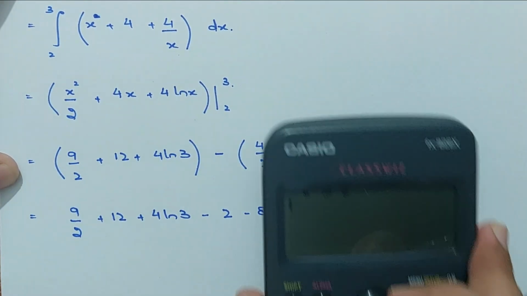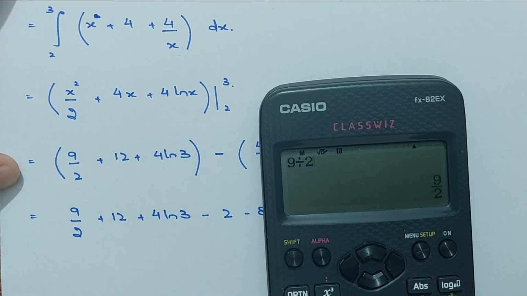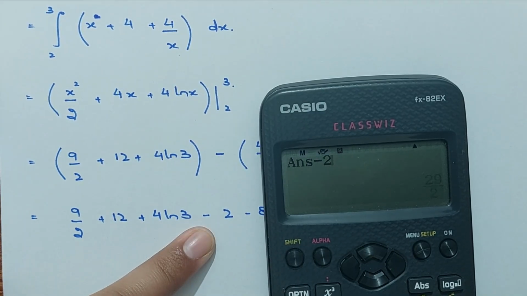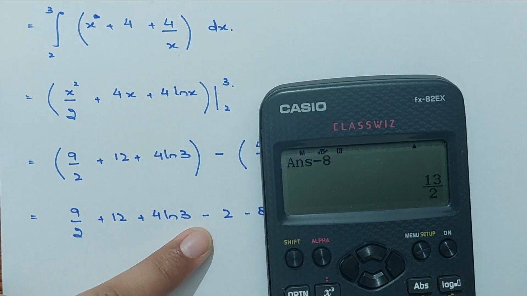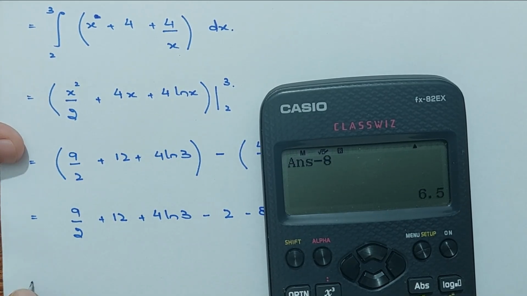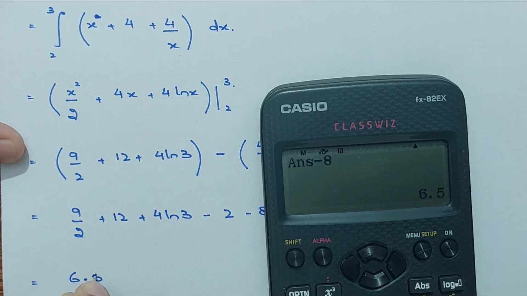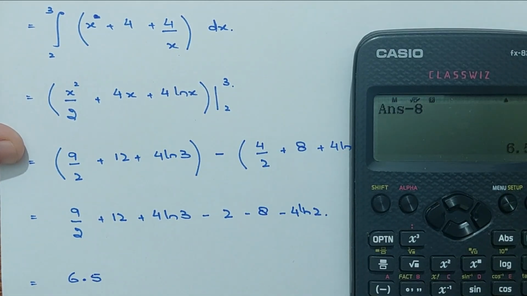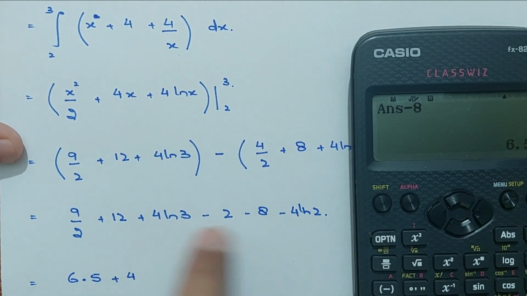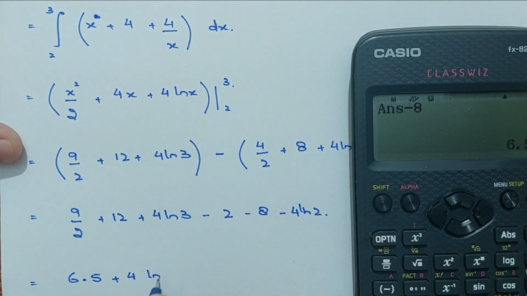Okay, simplify. We have 9 by 2 and then plus 12 minus 2 minus 8, which is 13 by 2, 6.5. And with the ln's, taking 4 common, we have ln 3 minus ln 2, which is ln 3 by 2.